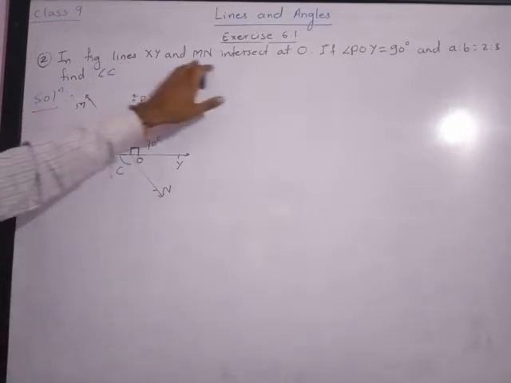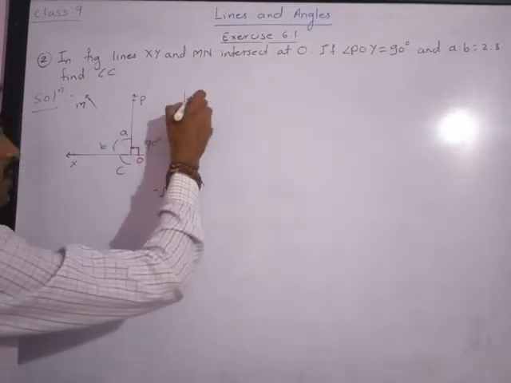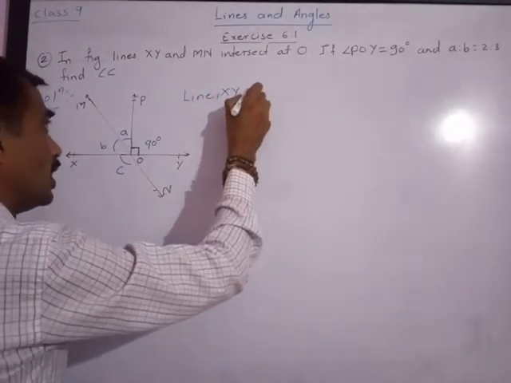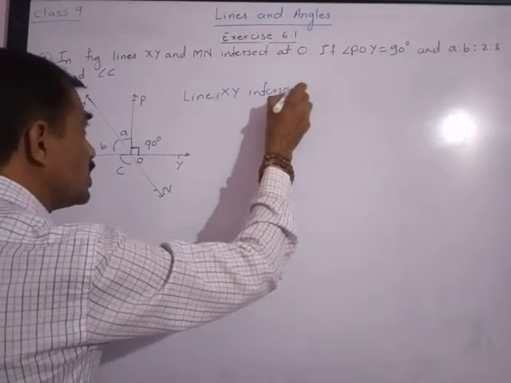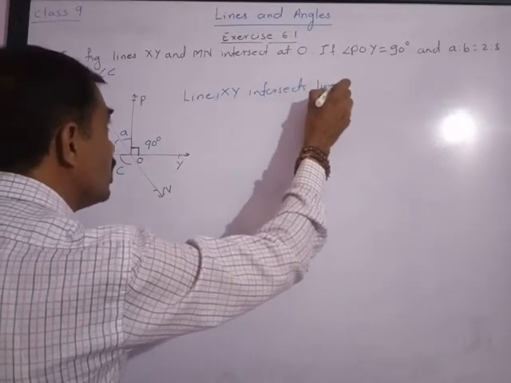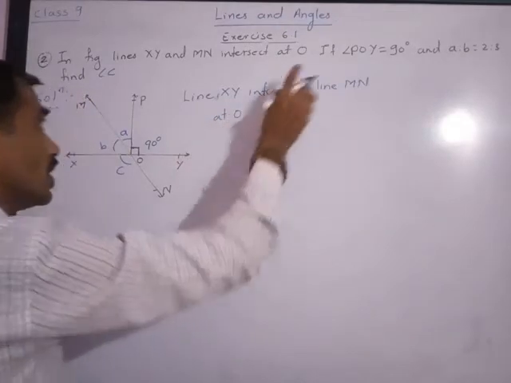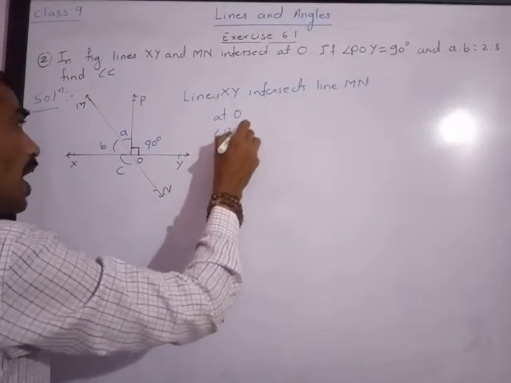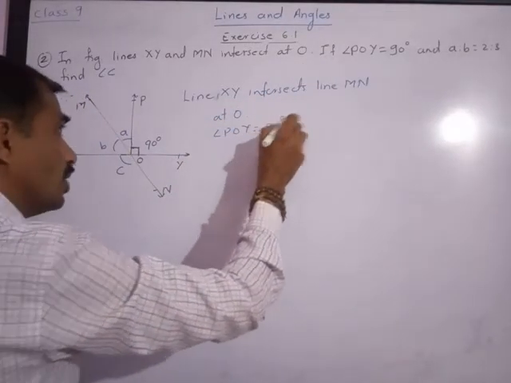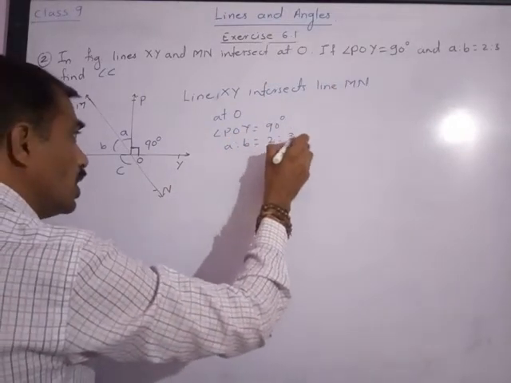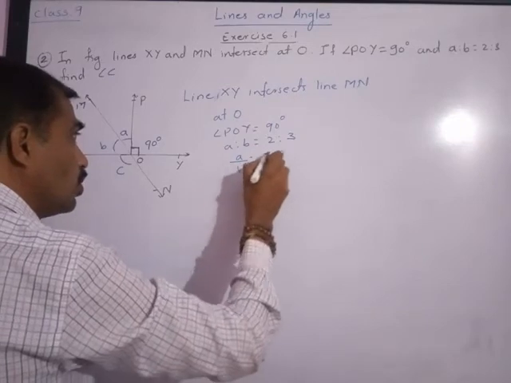Here lines XY and MN intersect. Here we are given that line XY intersects line MN at O. This is what is given to us. Then angle POY is equal to 90 degrees. This is also given. Then we are given a is to b is equal to 2 is to 3. It means a upon b is equal to 2 upon 3.